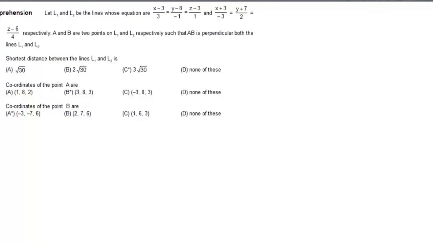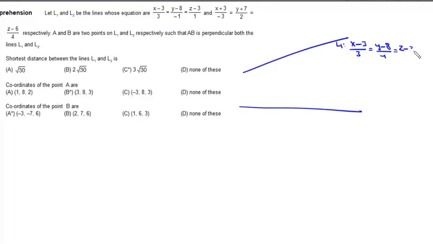Now the question is, we are given two lines, L1 and L2. Now L1 is (x minus 3)/3, (y minus 8)/minus 1, and (z minus 3)/1, and L2 is (x plus 3)/minus 3, (y plus 7)/2, and (z minus 6)/4.